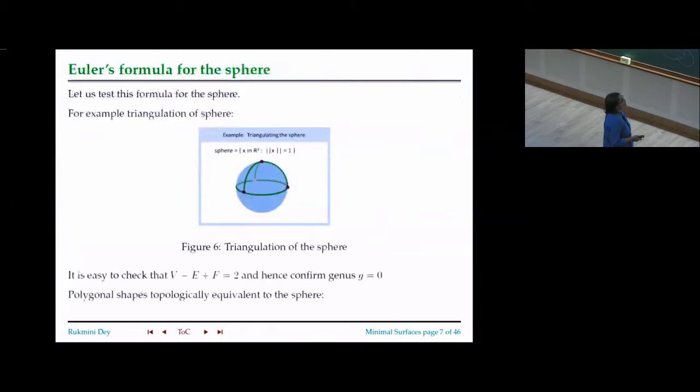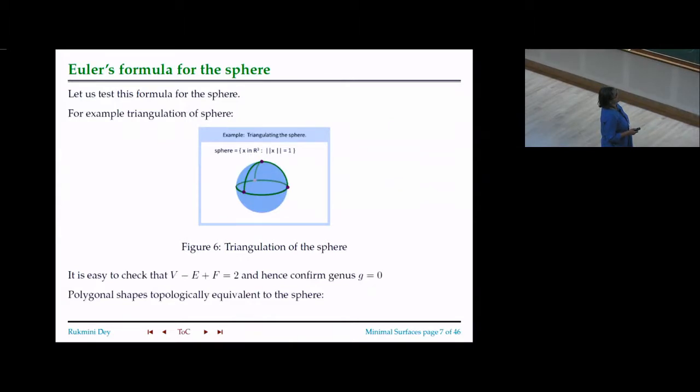So let's calculate. You can also triangulate it. I have shown another triangulation. It's like the tetrahedron, but I have retained the spherical nature. So this is one face, this is another, that is another, that is another. 4 faces, 4 vertices, and 6 edges. So again, it adds up.